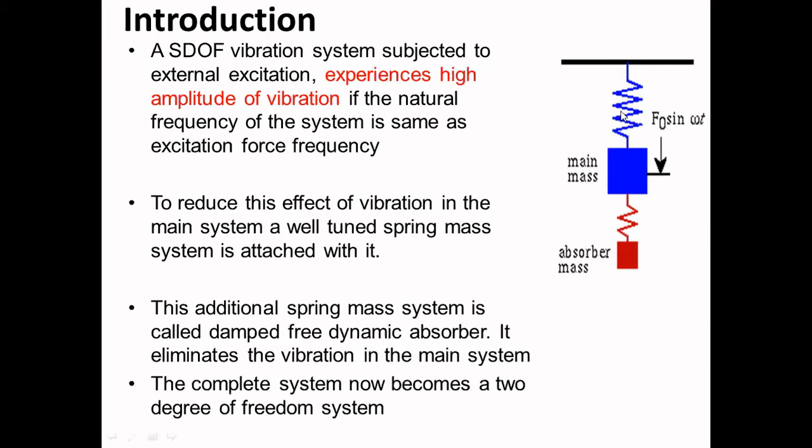Because if the amplitude of vibration in the main system is small, then there is no need of a vibration absorber to be fitted. So we require this vibration absorber when the frequency of the main system is equal to the excitation frequency, or the case of resonance.